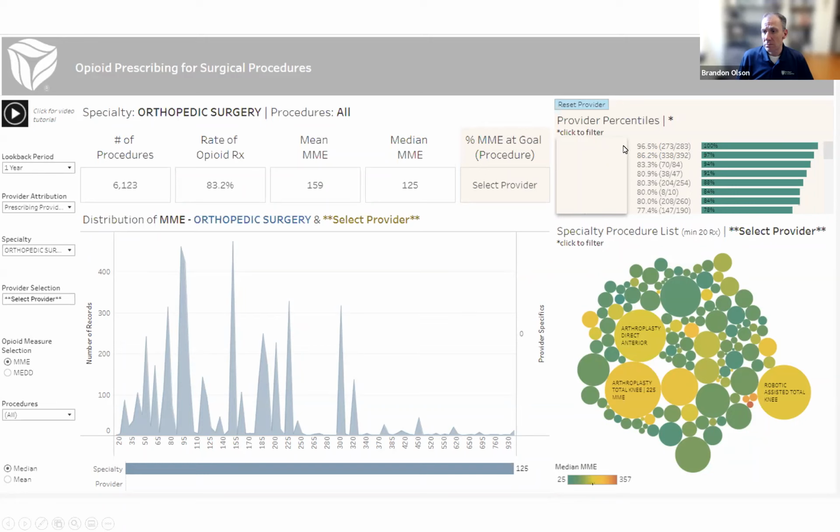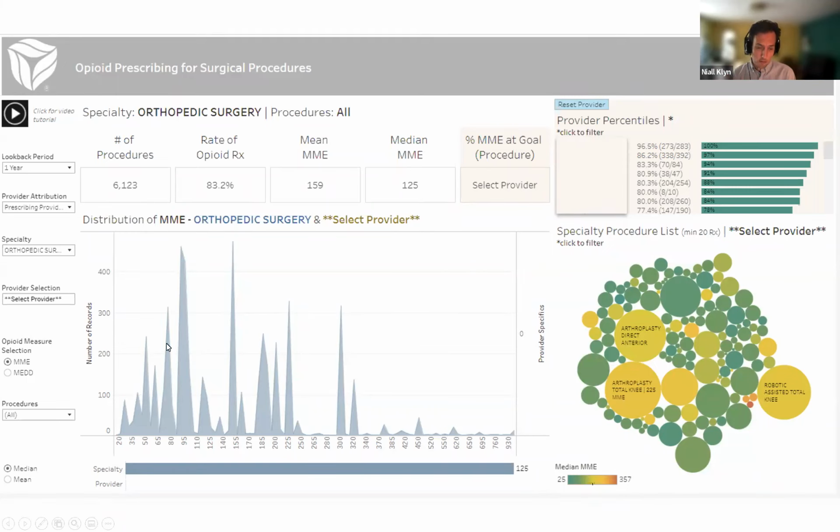But that's giving that ranking and trying to work into that competitive nature. Oh, I'm at 80% and Dr. Smith is at 96%. And not only that, we've got comparable numbers of surgeries. This is one of those tools that we are using to help drive those conversations.